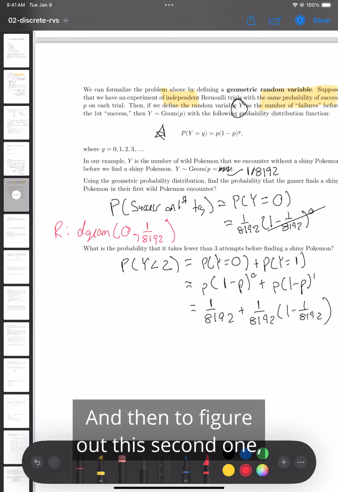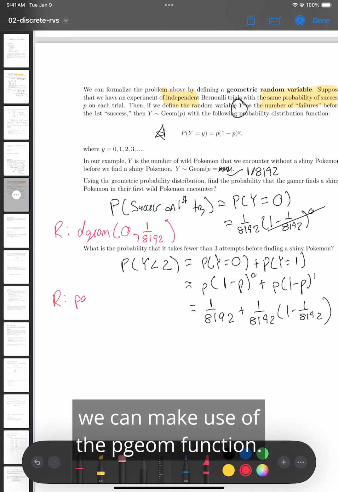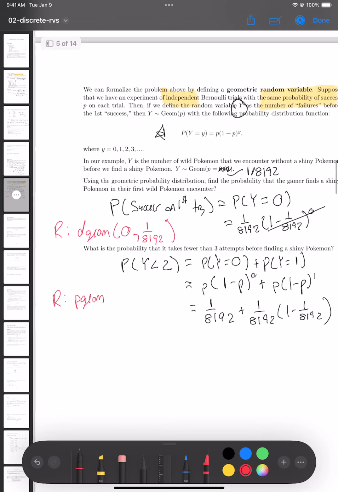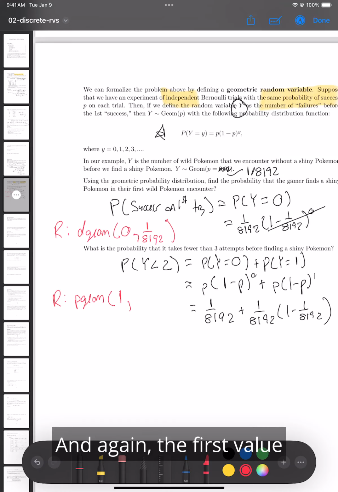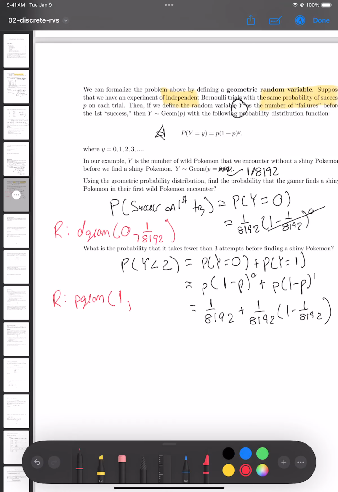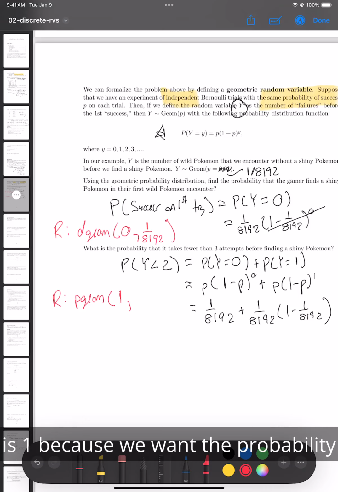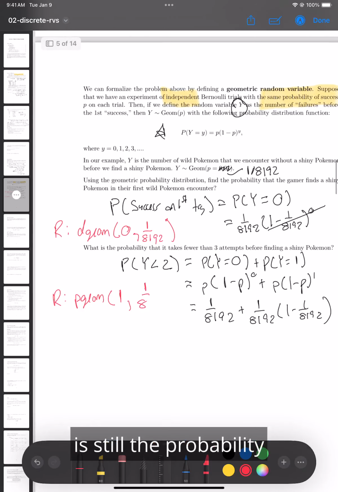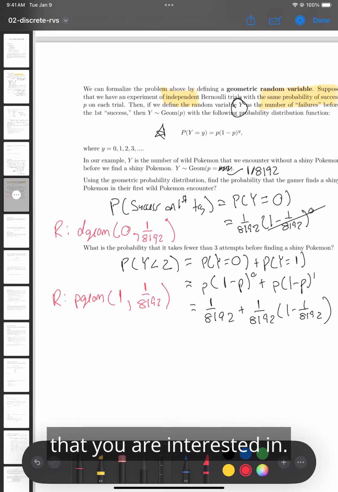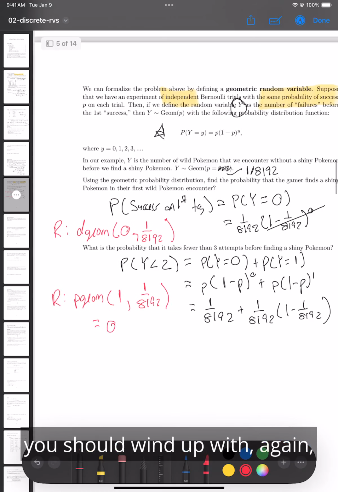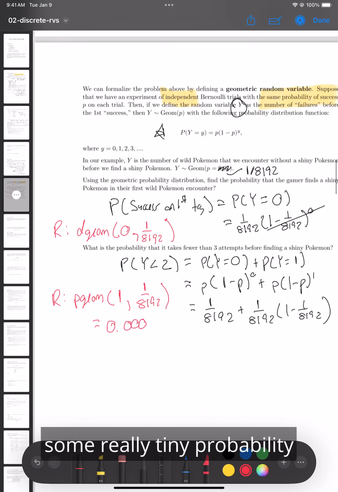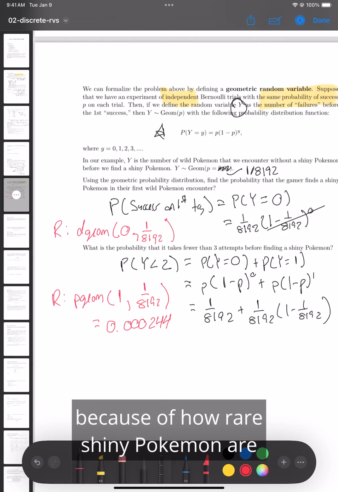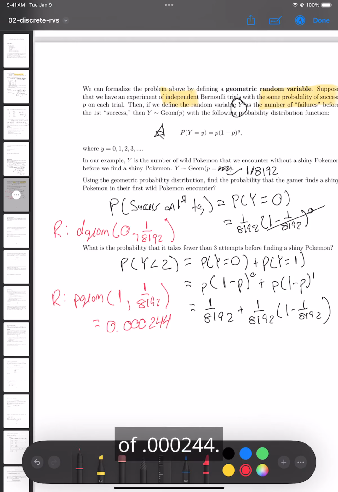And then to figure out this second one, we can make use of the pgeom function. And again, the first value is 1 because we want the probability that y is less than or equal to 1. And then the second value is still the probability that you are interested in. And so if you throw that into R, you should wind up with, again, some really tiny probability because of how rare shiny Pokemon are, of 0.000244.